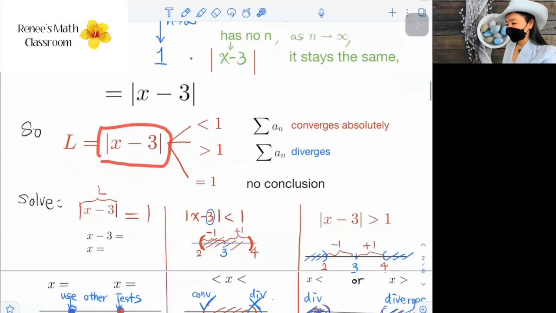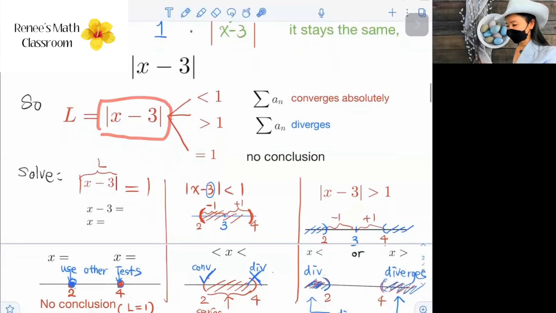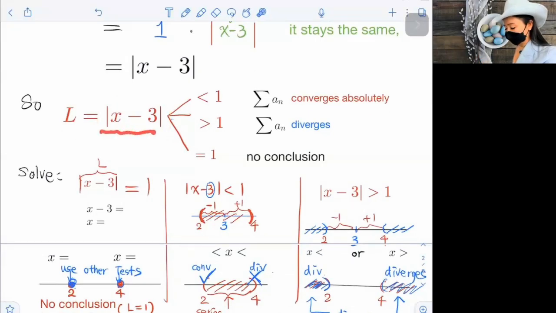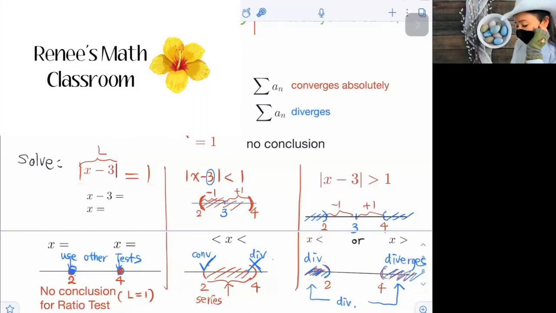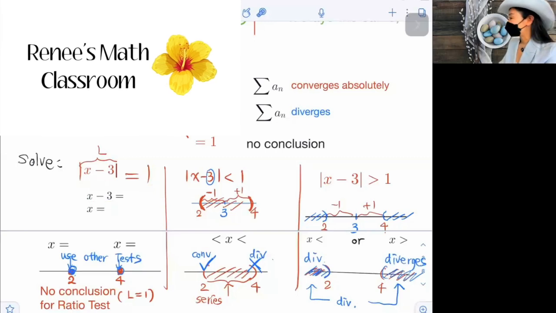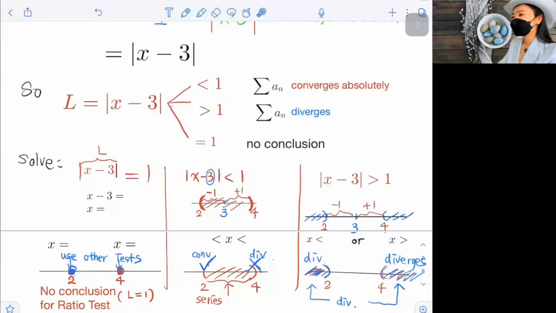The easier way to think about this is to set it equal to 1 and find out what x is first. So I'm going to set this equal to 1 and solve for x. If the absolute value of x minus 3 equals 1, that means what's inside has to be 1 or negative 1.